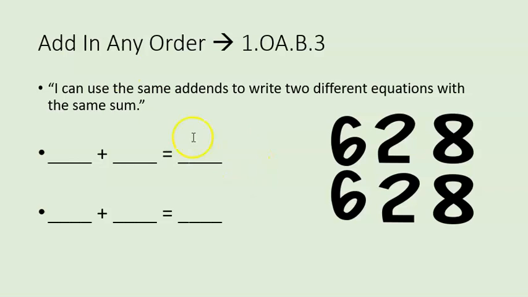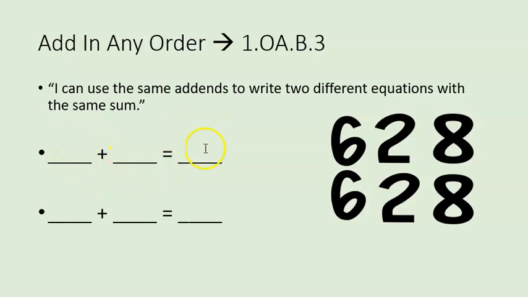Now, boys and girls, add in any order is very easy, okay? We've used pictures. Mr. Begay showed you all kinds of ways to get this. Now, I just want you to focus on your screen and watch Mr. Begay, okay? We have two addition equations here. We have a plus sign and we have an equal sign.